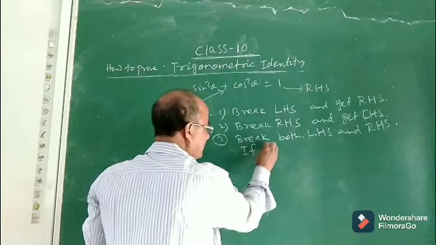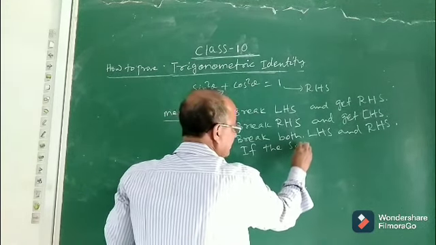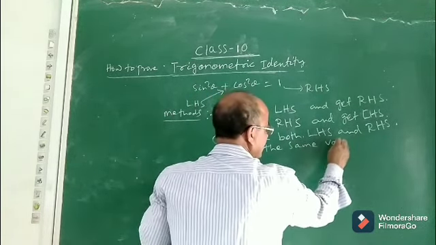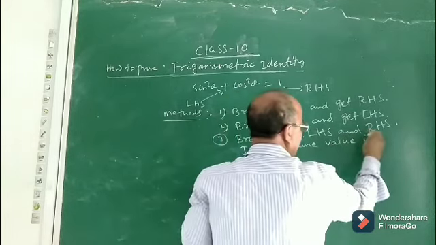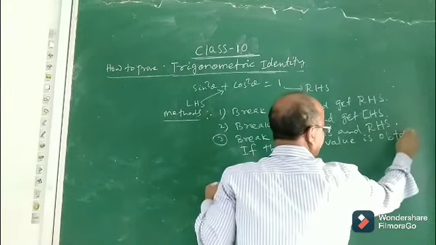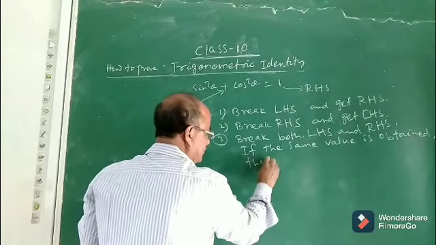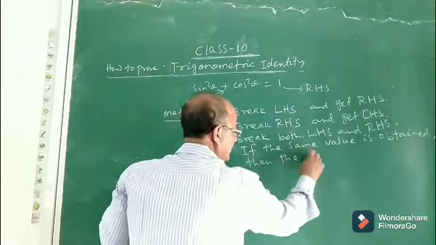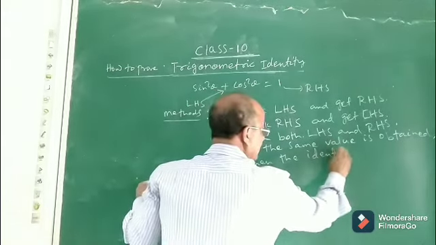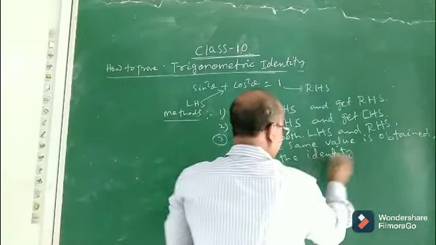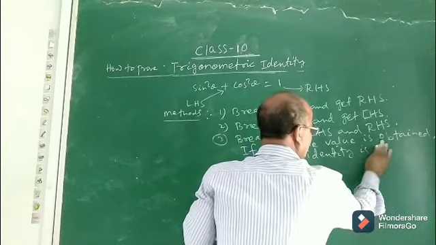If the same value is obtained, then the identity is true or proved, whatever you say. See children, then the identity is proved or true.